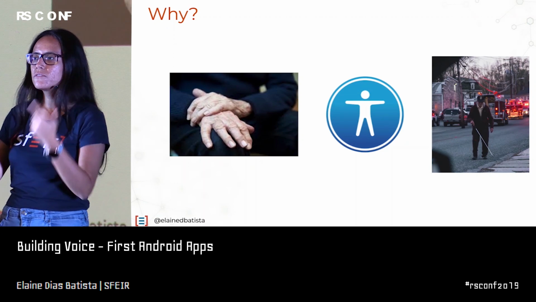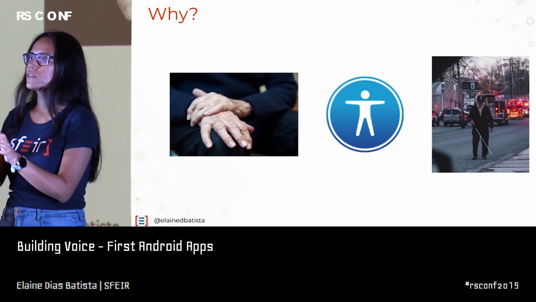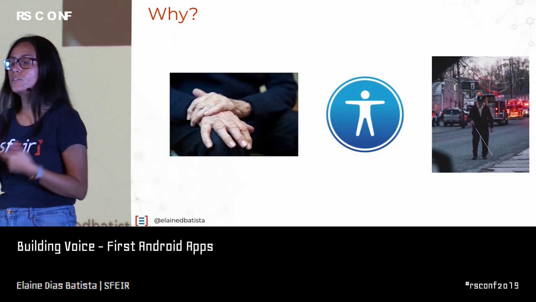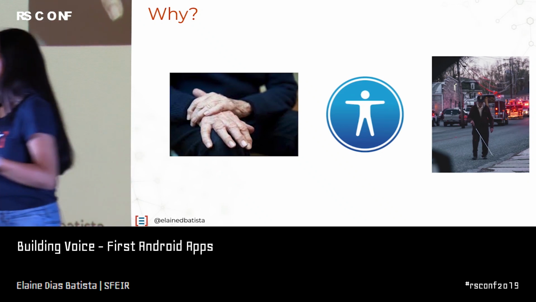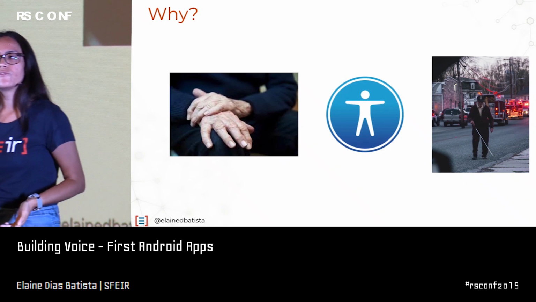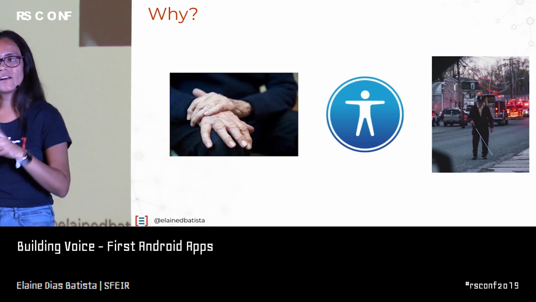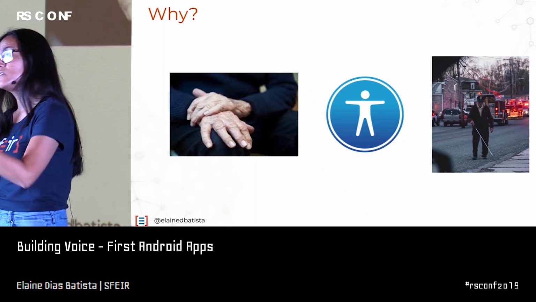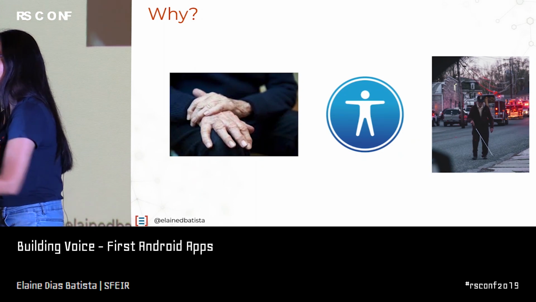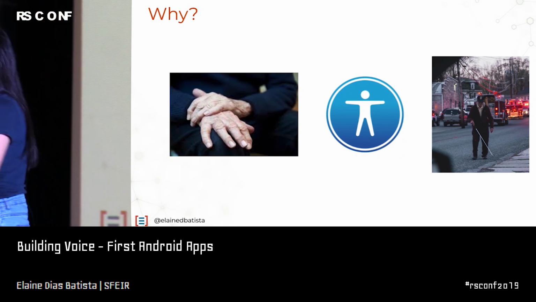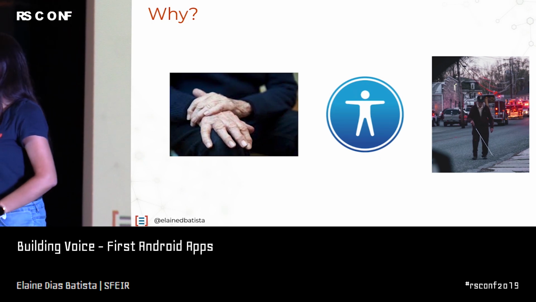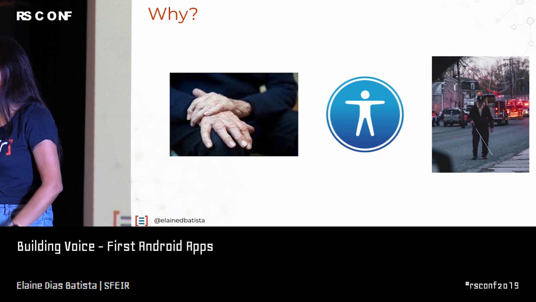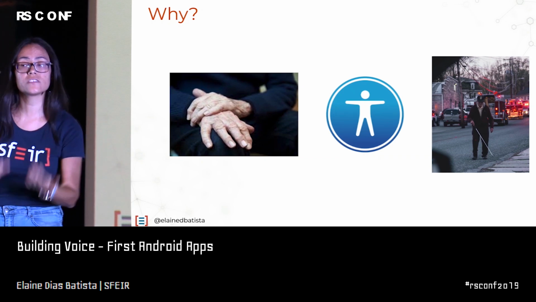It's really important for us to think about those people because those kind of people, well, they don't have access to the same information that we have. It's really a shame. And with this kind of technology that is available for us today that works better and better, I'm not saying that it's perfect today, but it's something new. It's something that can really help those people have access to technology and have the same kind of information and services that we have.